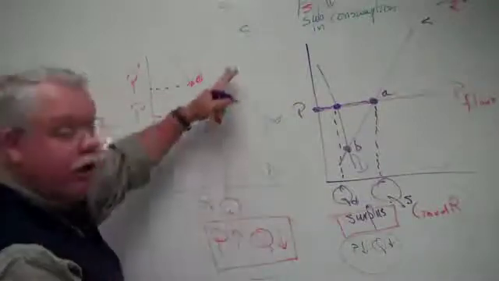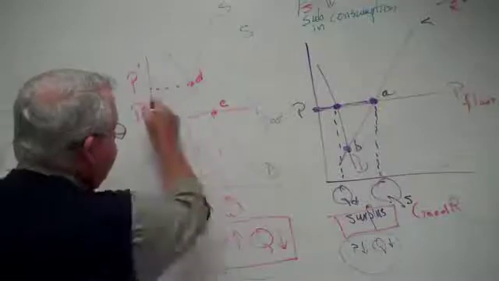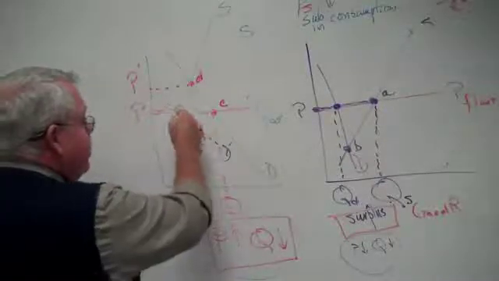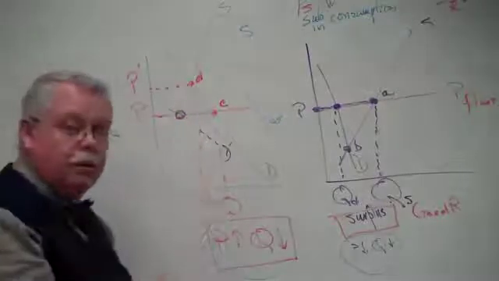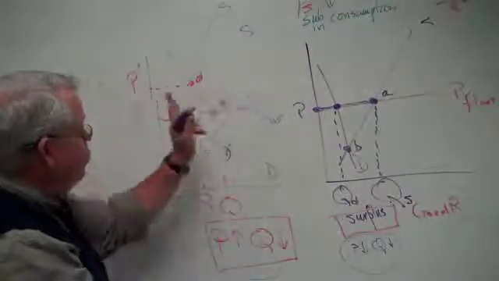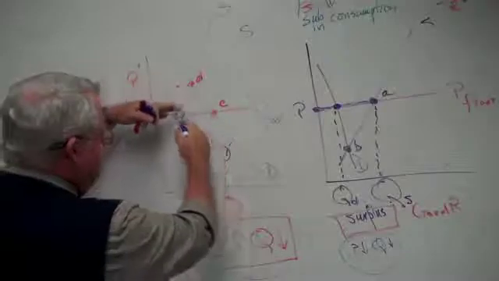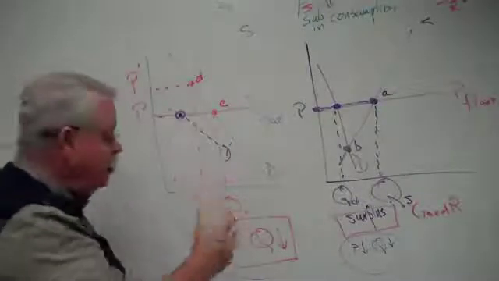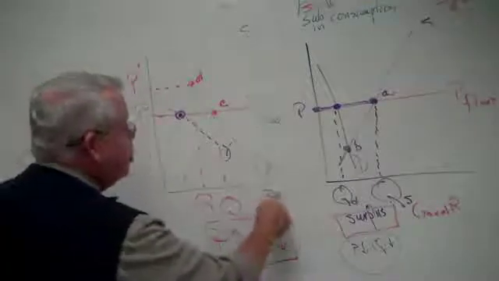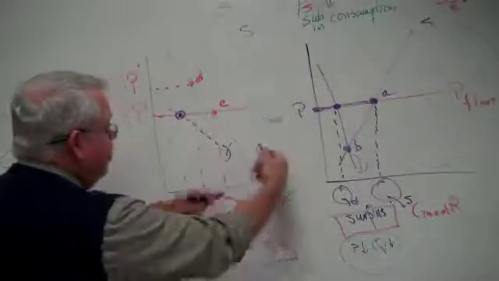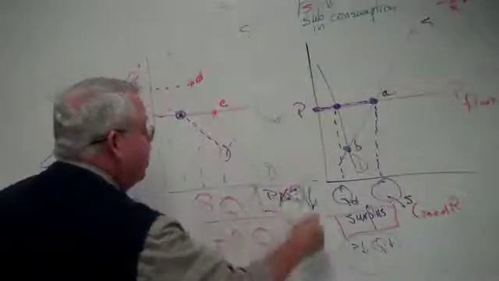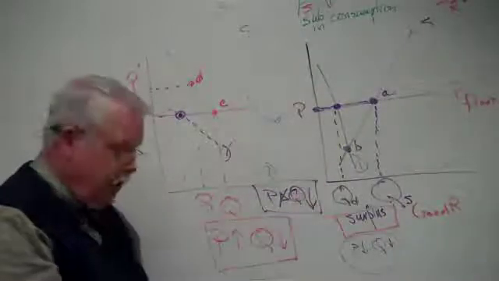It is possible with a decrease in supply and a decrease in demand to right here, that you could wind up over here. You see that? When both curves shift just enough, they can keep the same price. And as a result, you'd have a new equilibrium where the price was unchanged, but the quantity had decreased. So this is still another possibility here.